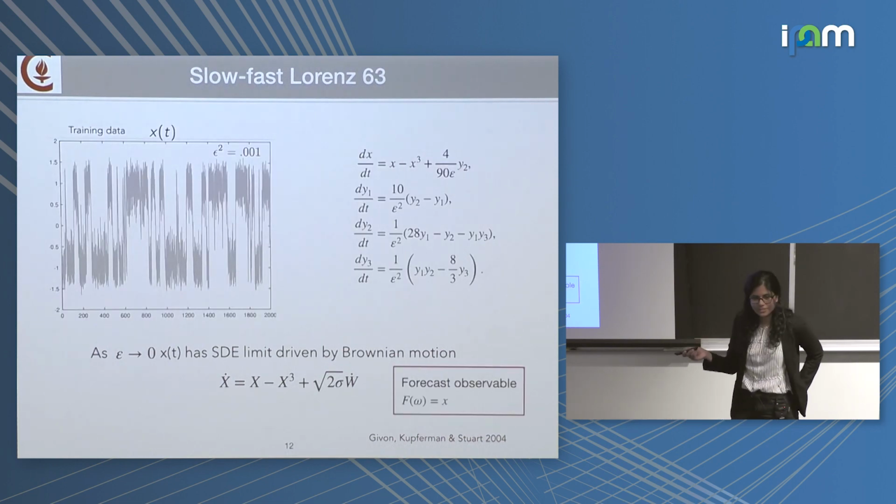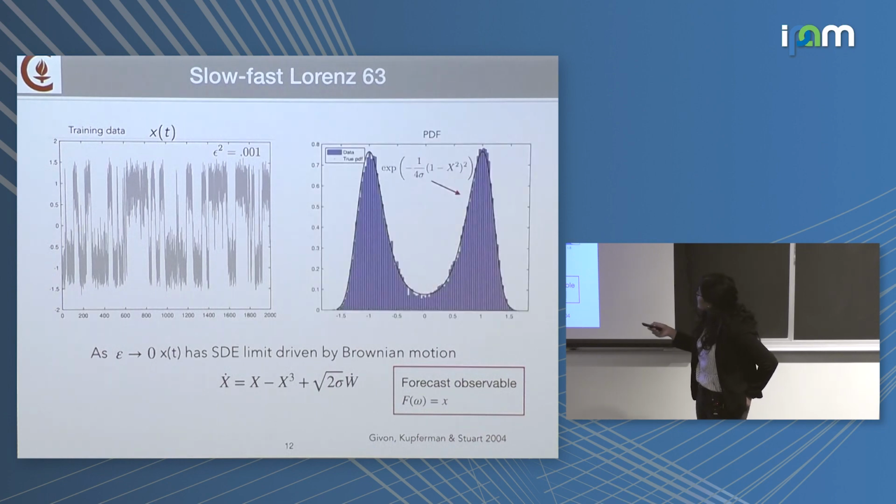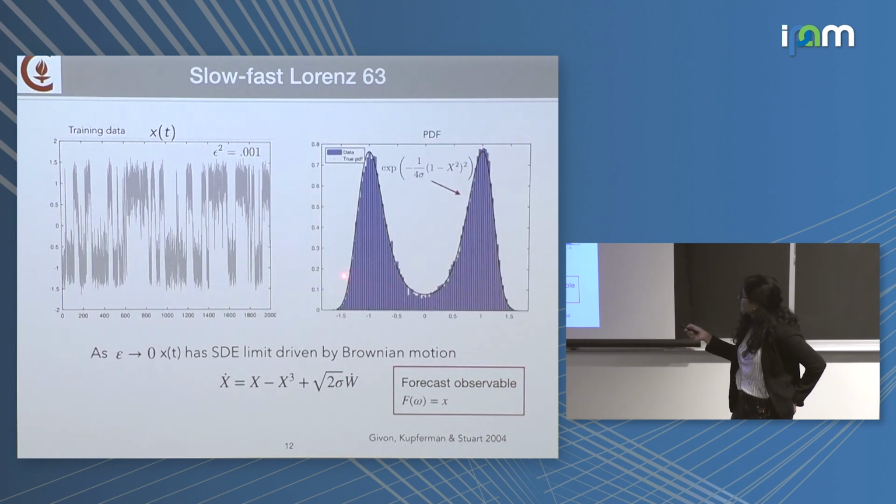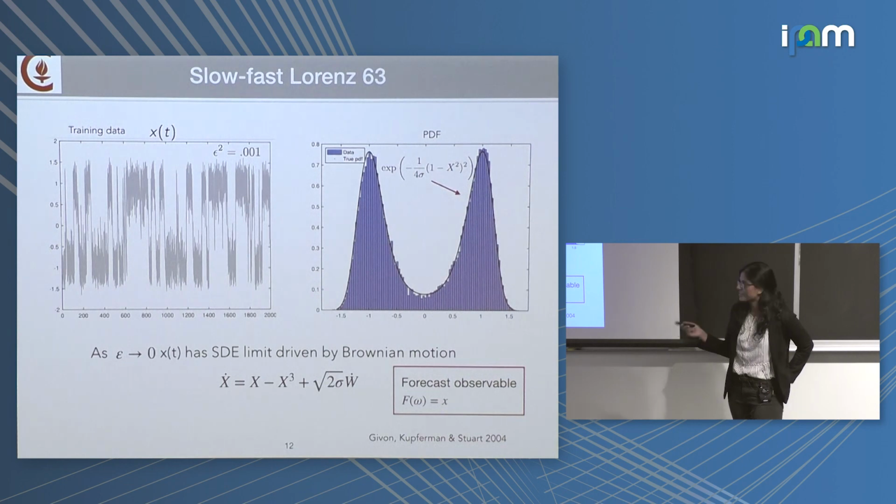Here you can see the trajectory we are training on. And here you can see the probability density, the histogram of this trajectory, and you can see how closely it fits the invariant probability density of this stochastic process that we know a lot about. We can explicitly compute its invariant measure.